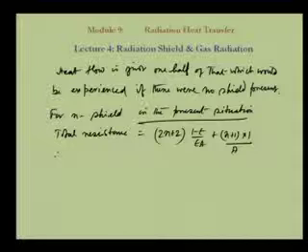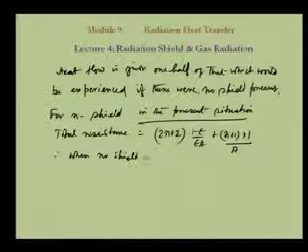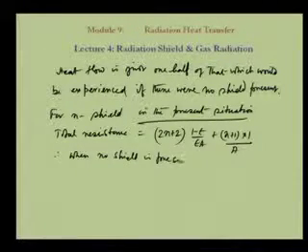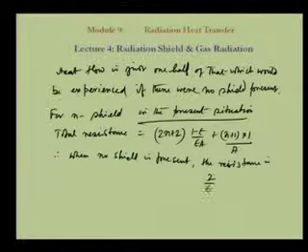Now, when no shield is present, the resistance is just 2 by epsilon minus 1, per unit area.